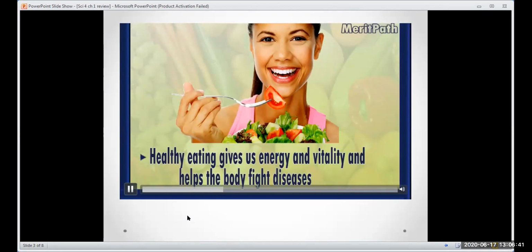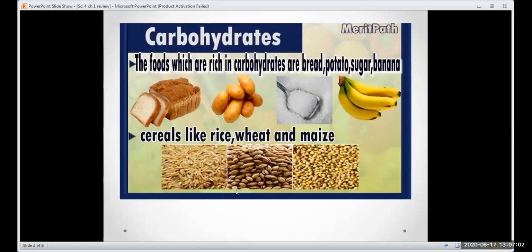Carbohydrates. Carbohydrates are the body's main energy source. They help us to do our daily activities like playing, walking, studying, etc. The foods which are rich in carbohydrates are bread, potato, sugar, banana, cereals like rice, wheat, and maize. Proteins.